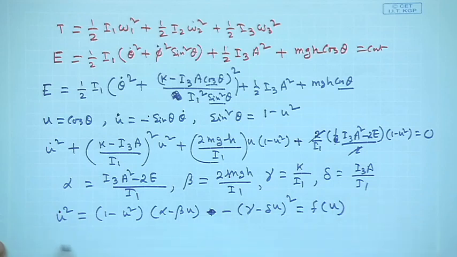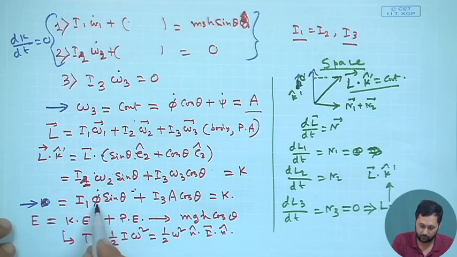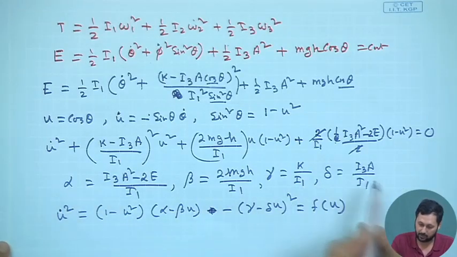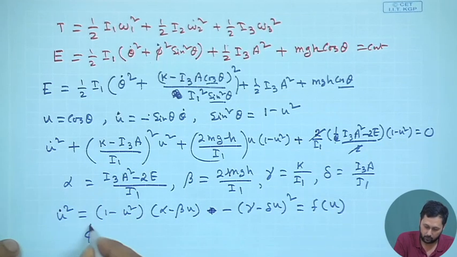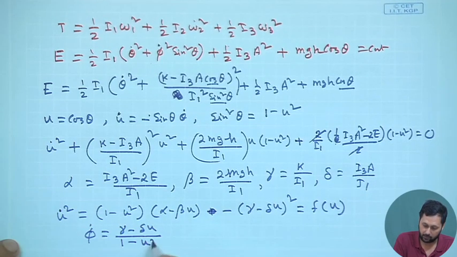Now, also there is a second expression. If we start with the expression of k and write it in a slightly modified form in terms of all these newly introduced parameters alpha, beta, gamma and delta, then we can figure out that phi dot is equal to gamma minus delta u, divided by 1 minus u square.